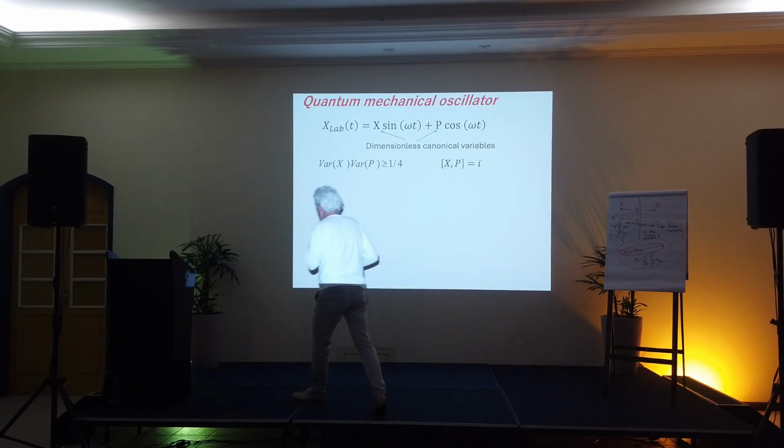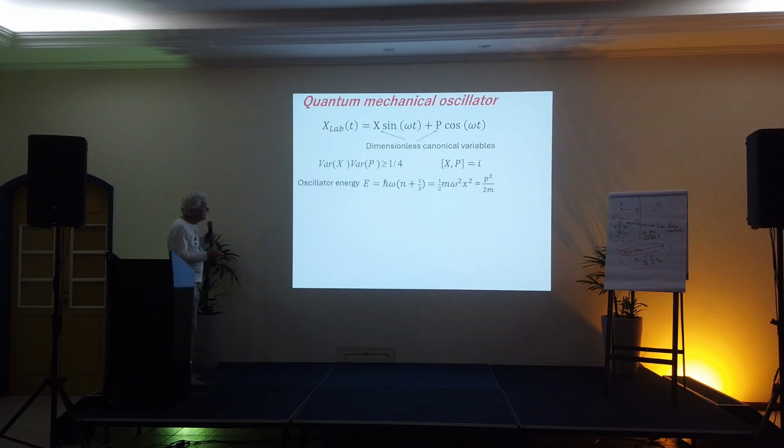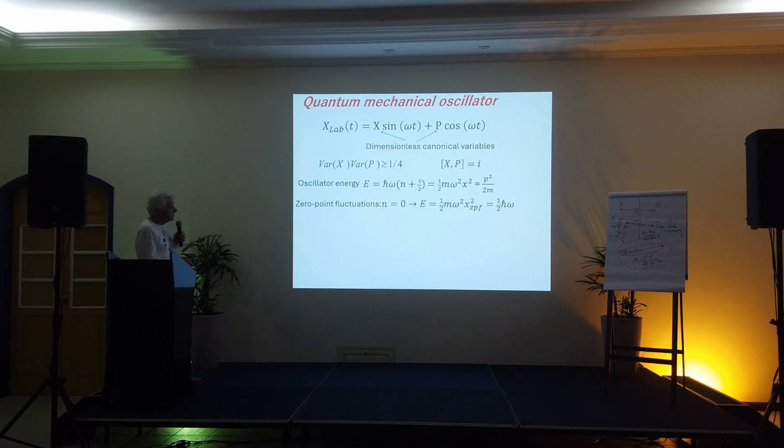So, you have seen this before, and this is the known equation for the oscillator energy, and we can calculate the zero-point fluctuation size. So the energy corresponding to the zero-point motion, that is to say, the oscillator is at zero temperature. And if you have done quantum optics, you actually learned that zero-point fluctuations of the electromagnetic field exist.